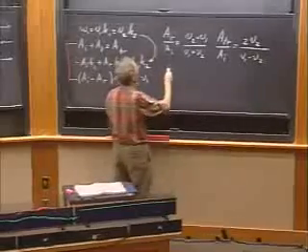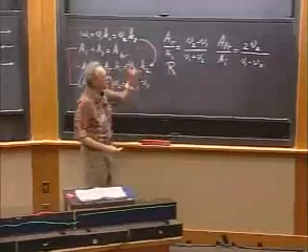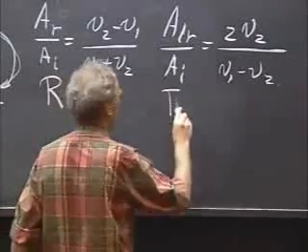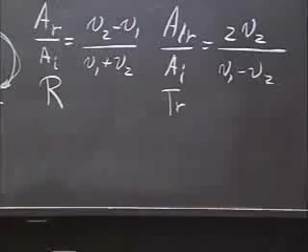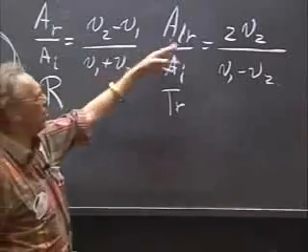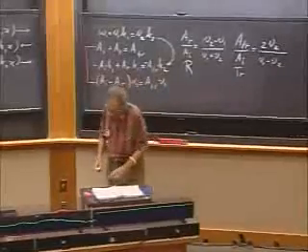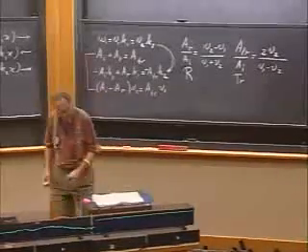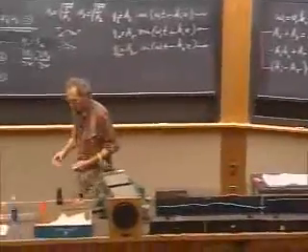Sometimes I call this with shorthand notation R, reflectivity, the ratio of amplitudes, and sometimes I call this shorthand notation TR, which is transmittivity, the ratio of the amplitude that penetrates the second medium divided by the one that came in. So that is just my shorthand notation.